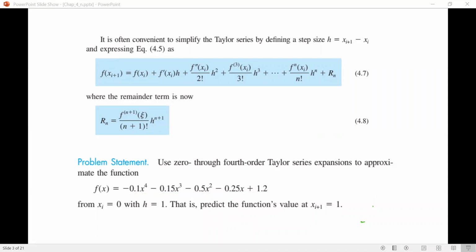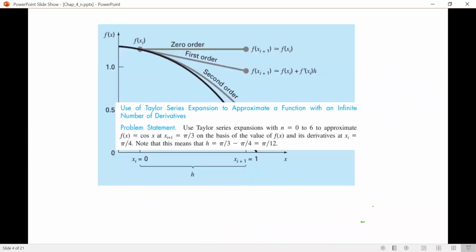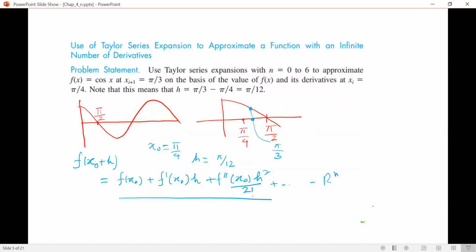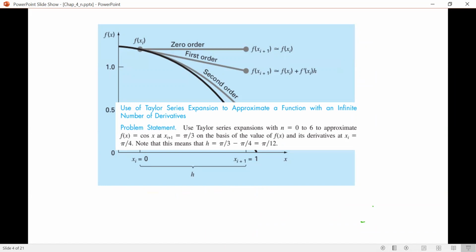So if we go on adding more terms in your approximation, you will see that your curve is gradually improving. Actually this slide has some problem. No problem.